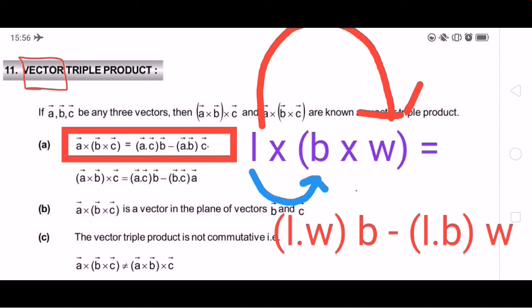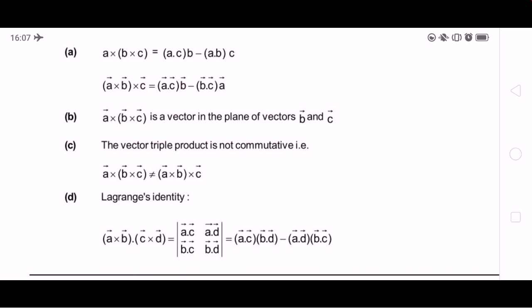Doesn't matter. I have some kind of a formula to mention. If A cross B cross C is there, you can use that CAB minus BAC. I will explain that further in this same lecture. You no need to worry.